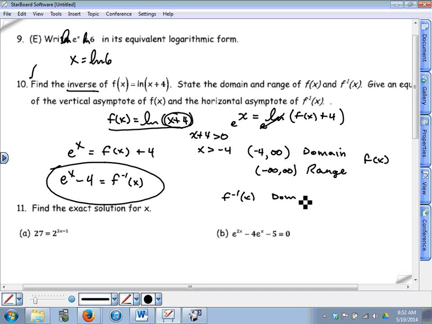So domain is all real numbers. The range is negative 4 to infinity. That's what we did. Yep. To find the domain range of an inverse, you take the opposite of the domain and range of the original function.